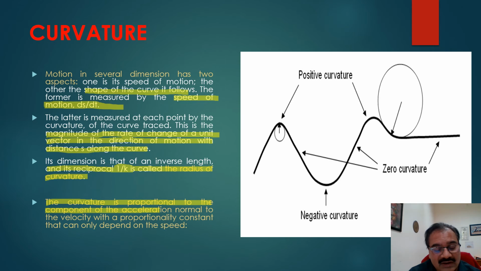The curvature is proportional to the component of the acceleration normal to the velocity, with a proportionality constant that can only depend on speed. All the proofs and related formulas were already discussed at the undergraduate level for mathematics students.